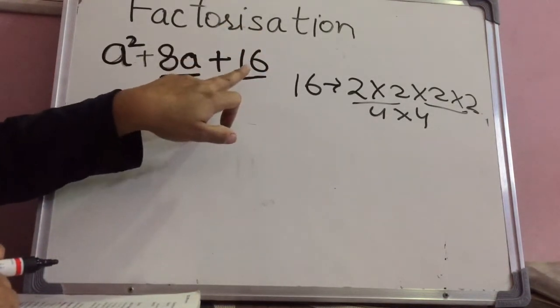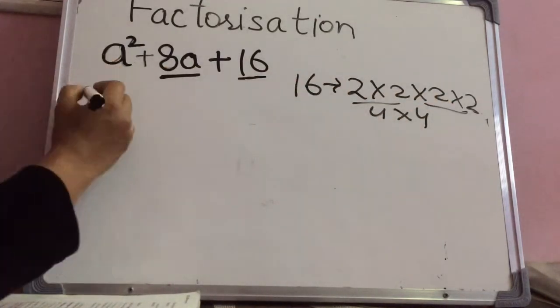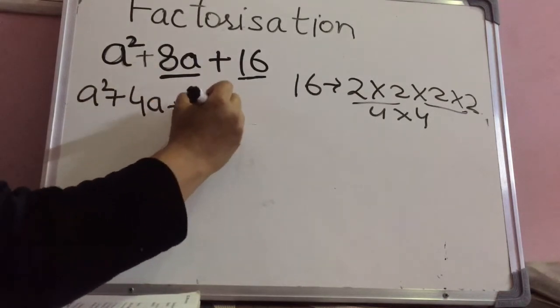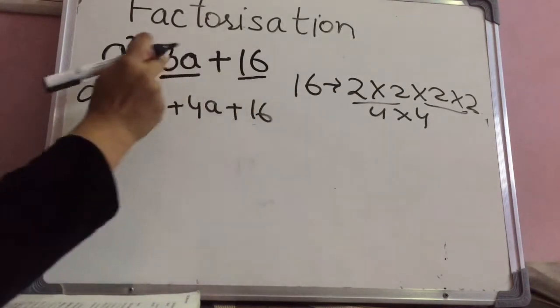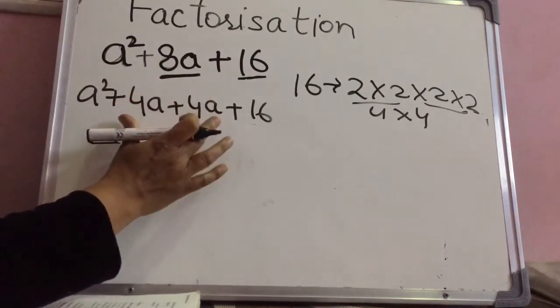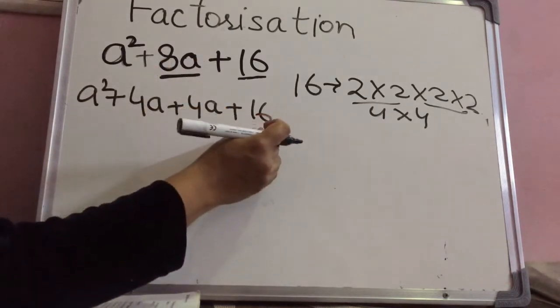Like we will split this factor as 4, 4. We'll write it a square plus 4a plus 4a plus 16. We have splitted 8a into 4a and 4a. If we add this 4a, 4a, we get 8a. And if we multiply 4 into 4, we get 16.